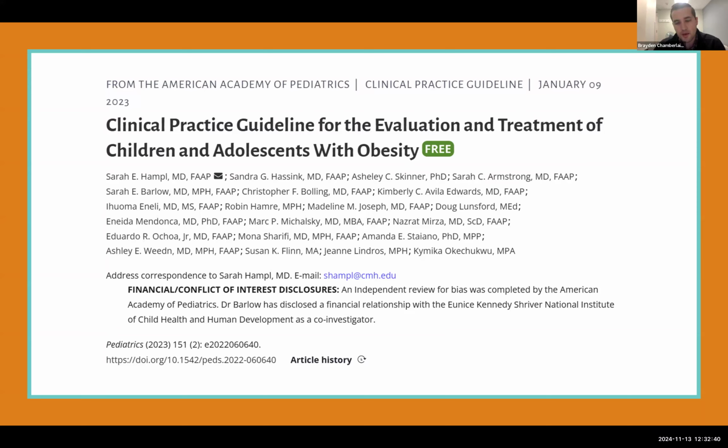There's also a bullet point summary version of this. You can read in detail everything that they went through, but you can also read their bullet points if you'd like. I'm going to be hitting on the key parts of this guideline and focusing a little bit more on some of their more interesting or new recommendations.